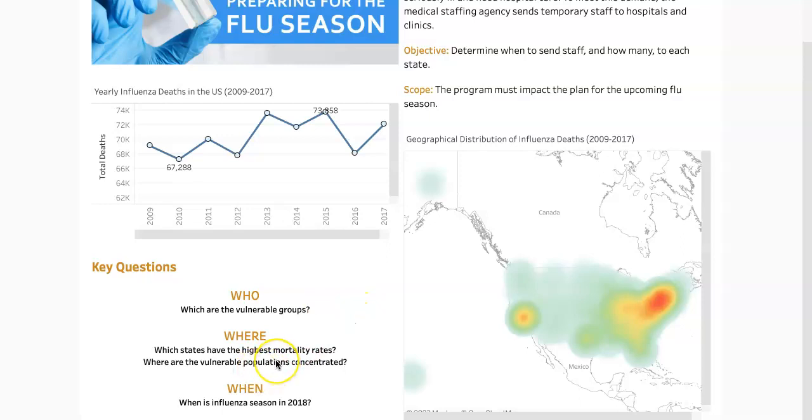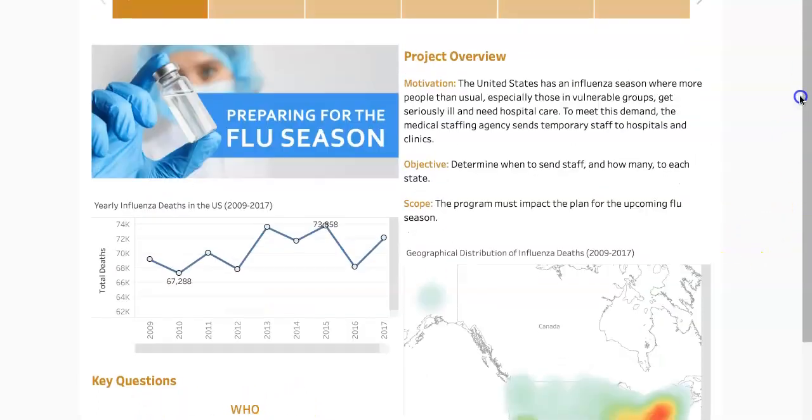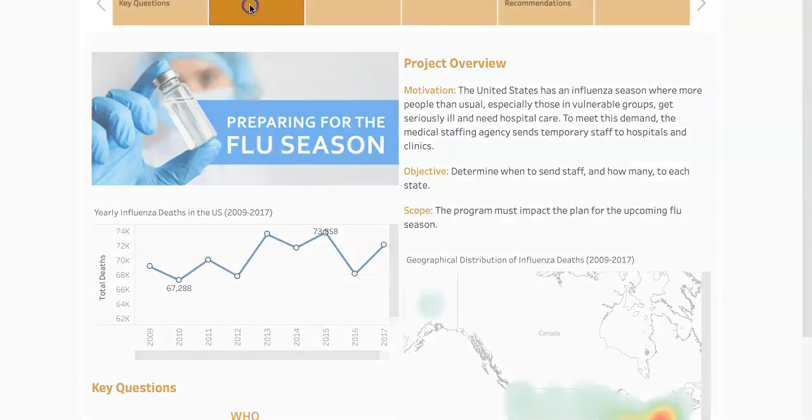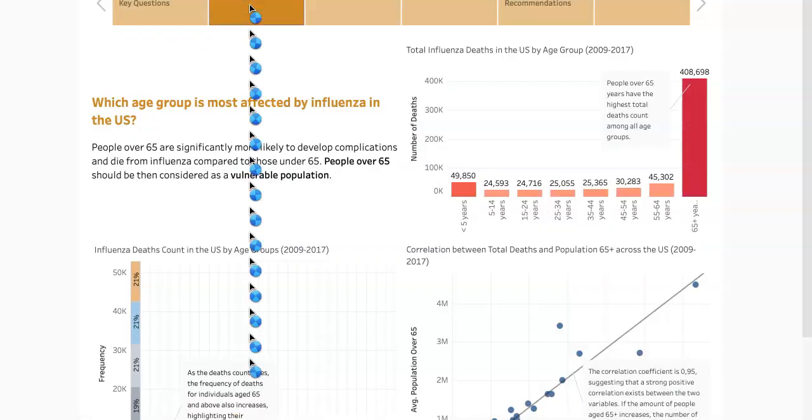In addition, we should also highlight the peak months for influenza deaths. But let's now focus on the demographic most at risk.